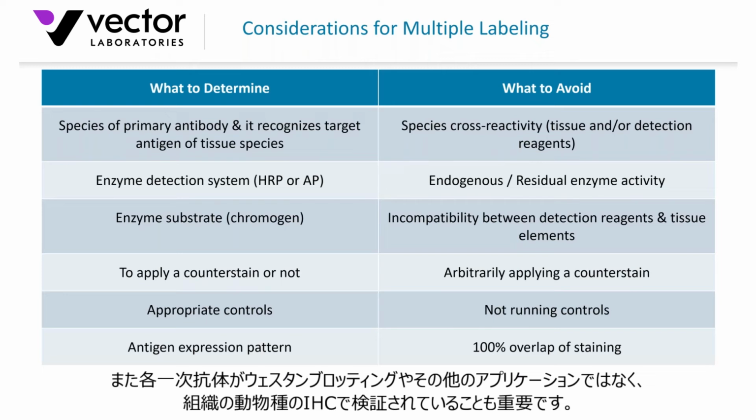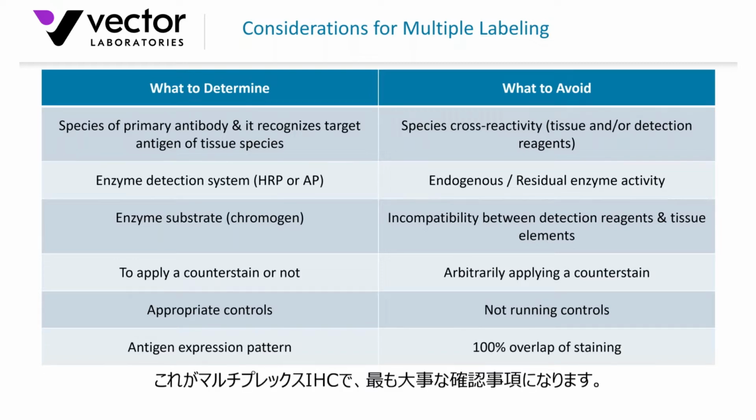And that's pretty crucial. Make sure it's been validated for immunohistochemistry, not Western blotting or something like that, but actual immunohistochemistry, and recognizes that species antigen. That's pretty crucial, the number one step in trying to map out here the requirements for successful double and triple staining.